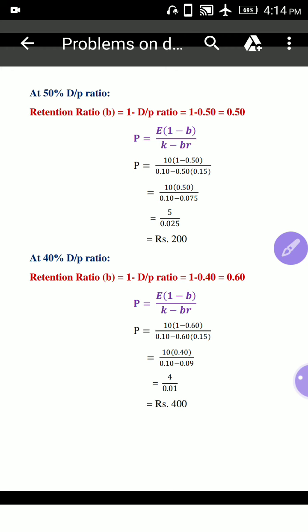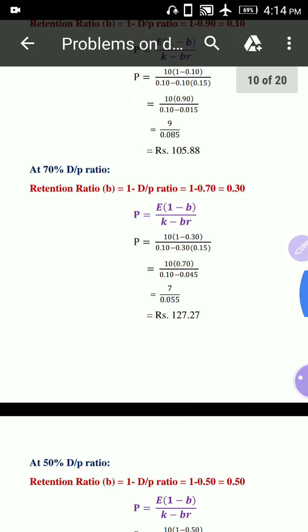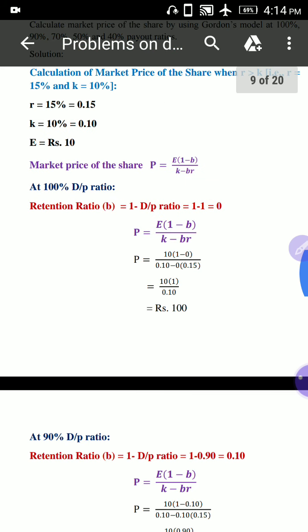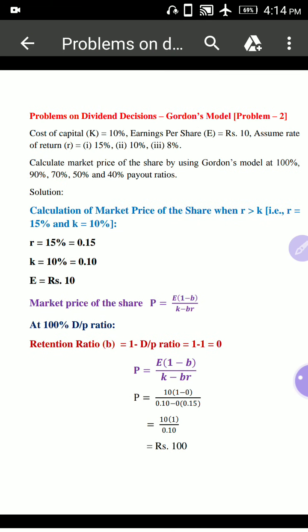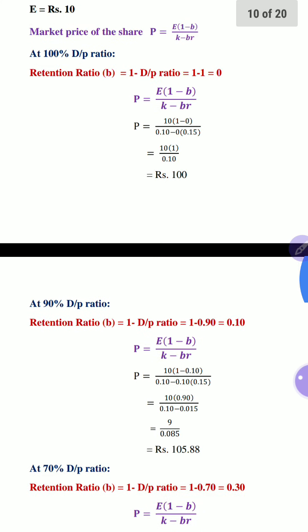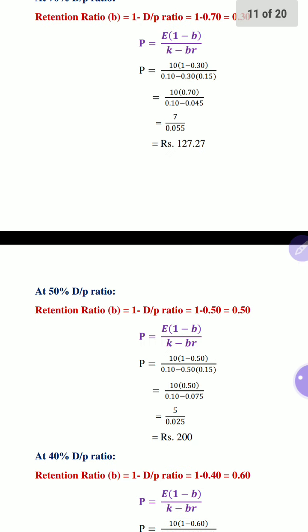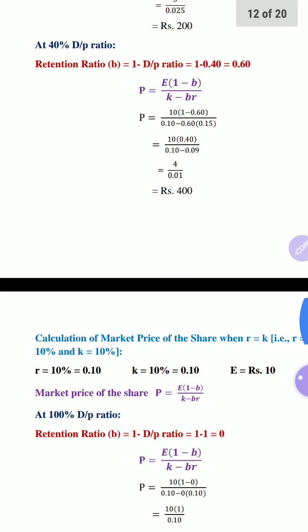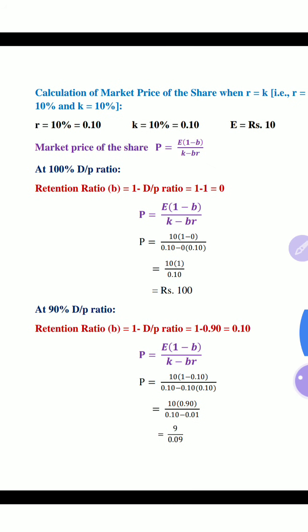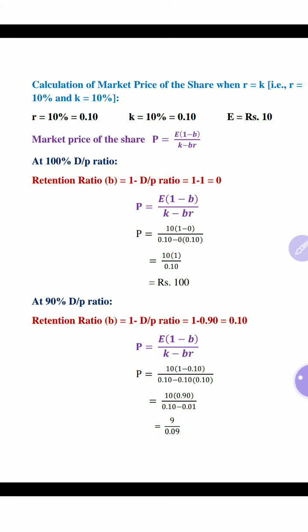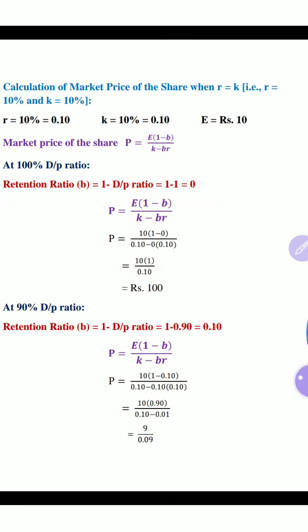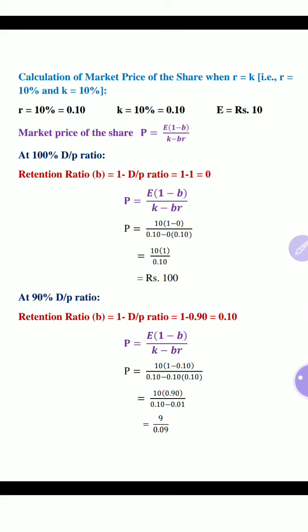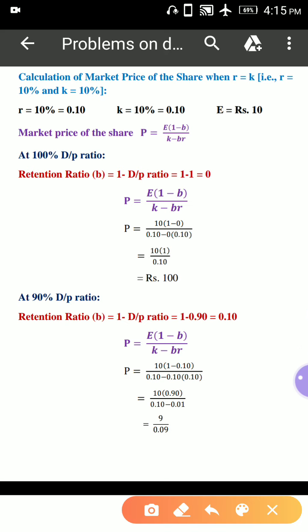Now the entire calculation till now we have made when R is greater than K. Now we will do a similar calculation, just the R value alone will change, that is, the calculation of the market price of the share when R is equal to K, that is, R 0.10 and K also 0.10.